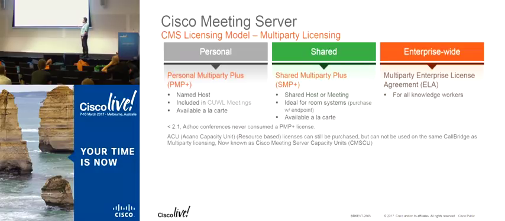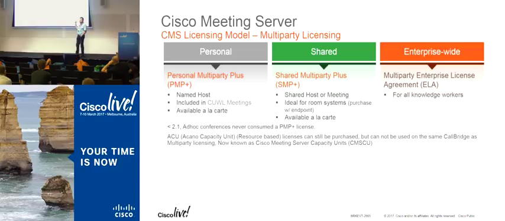Now, a couple of gotchas to understand is that prior to 2.1, ad hoc conferences from Cisco Communications Manager had no concept of Personal Multi-Party Plus, so they leveraged a PMP Plus license, an SMP Plus license.